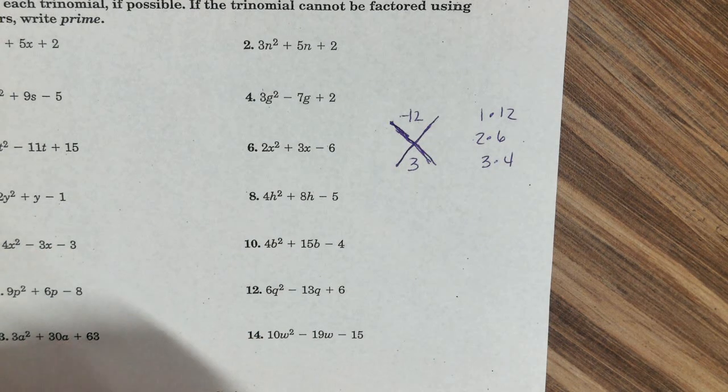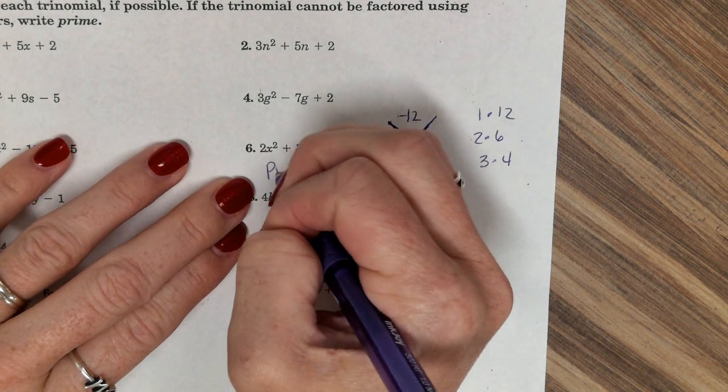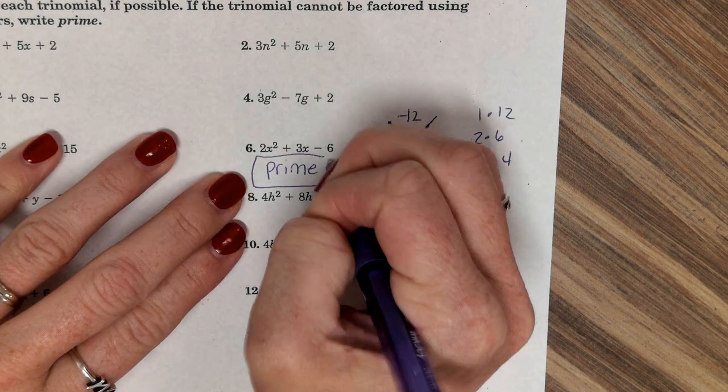Will any of those ever add up to equal 3? No. This is called a prime trinomial, meaning it cannot be factored. Like, it's impossible. Y'all know what prime numbers are? They're numbers that only can be divided by themselves or 1, right? This is a prime trinomial. So your answer is that it's prime.